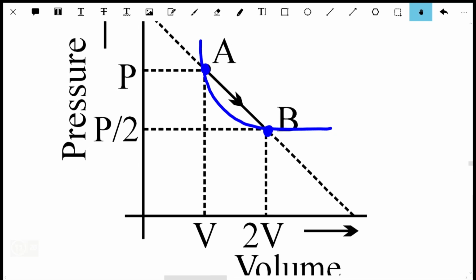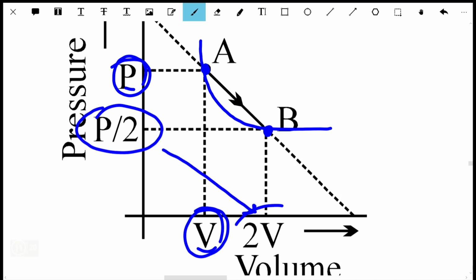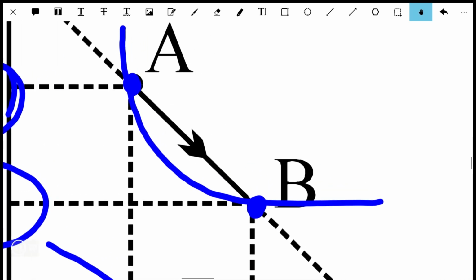We know that because, as you can see, at A the product of PV is P into V, and at B the product of PV is again the same. So A and B have identical temperatures because the PV product, which is nRT, is the same for both cases. Right, so that's how we know that this is an isothermal process, and the isotherm passes through A and B.